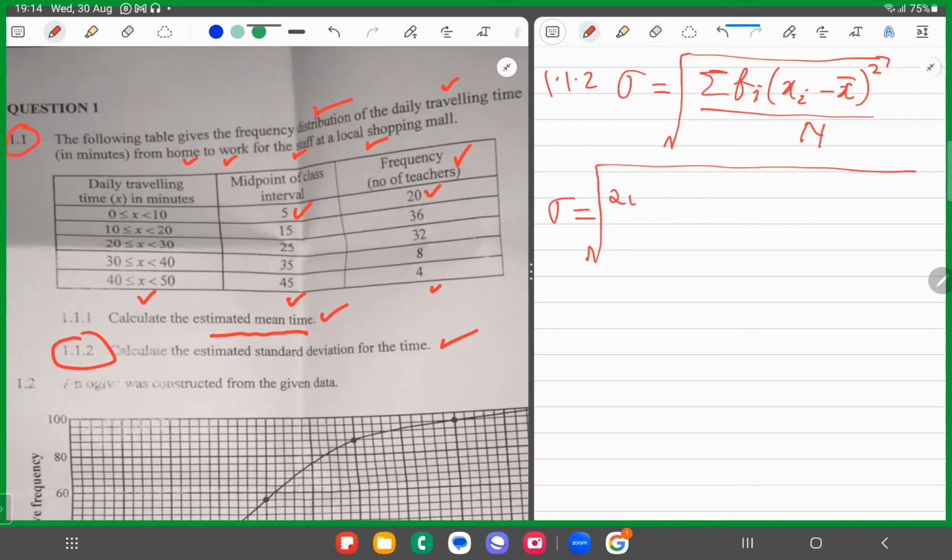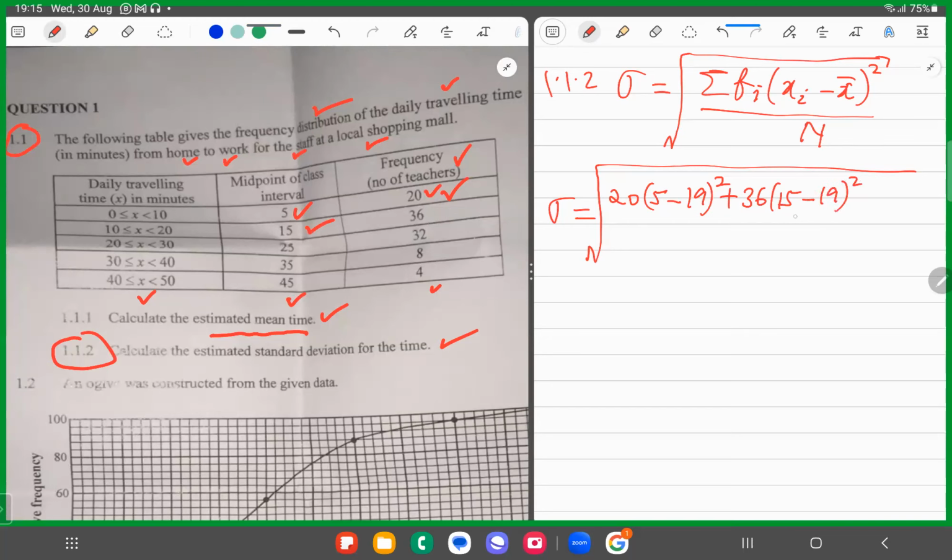So you can write the frequency 20, which is this one. And then you multiply by the class midpoint, which is 5, minus the mean. What is the mean? Is 19. And then you square these. Plus the frequency is 36 into the class midpoint is 15. It is 15, and then you subtract from it x bar 19.